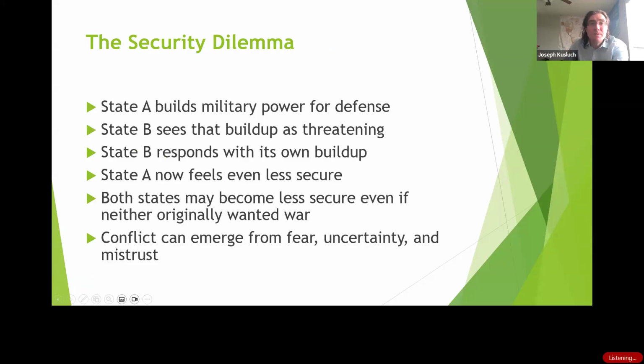And so this leads to something that I'm going to make a separate video on because it's such an important piece of international security and realist foreign policy thinking: the idea of the security dilemma. So let's think through the security dilemma.